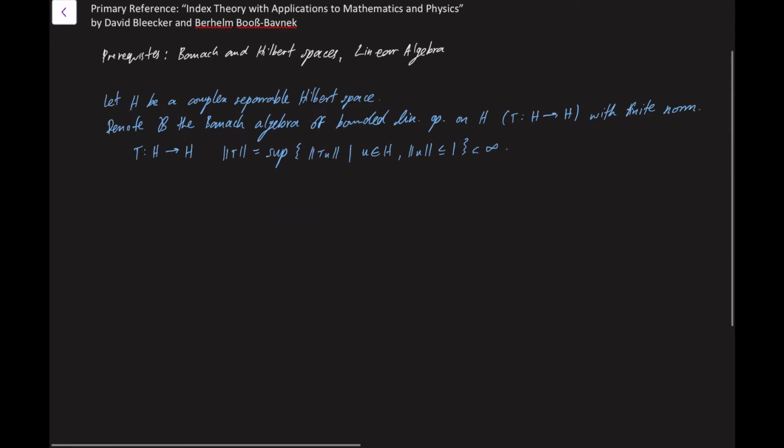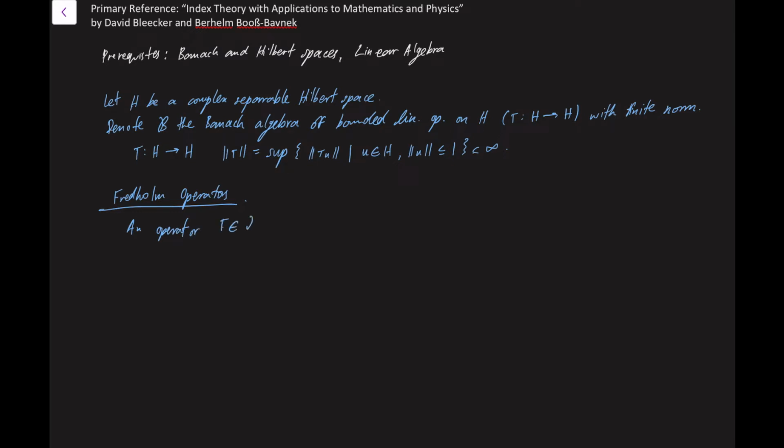Now, let's start Fredholm operators. An operator T in B is called a Fredholm operator if it has finite dimensional kernel and finite dimensional co-kernel.